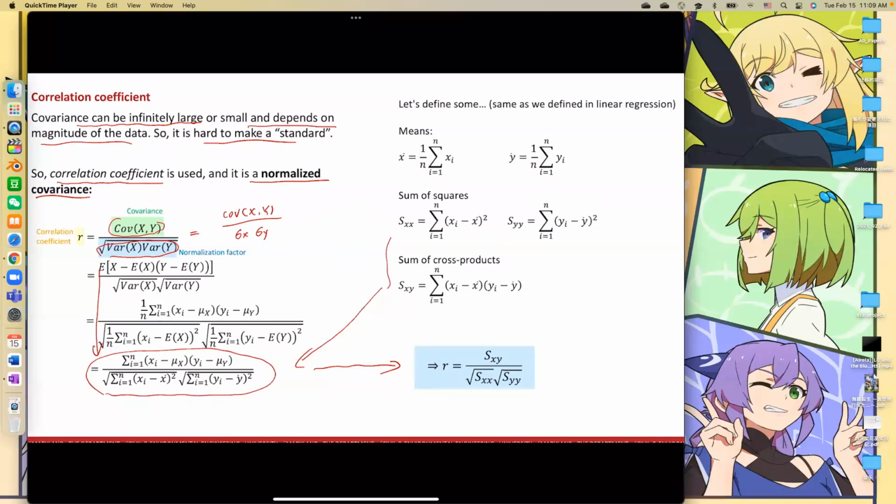But based on the derivation, we can see we have n here. In other words, we use the population standard deviation instead of the sample standard deviation. Another method is to use this one, so we can calculate the correlation coefficient directly from this formula.